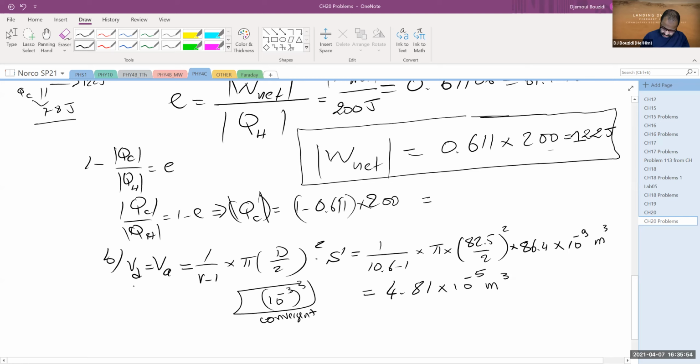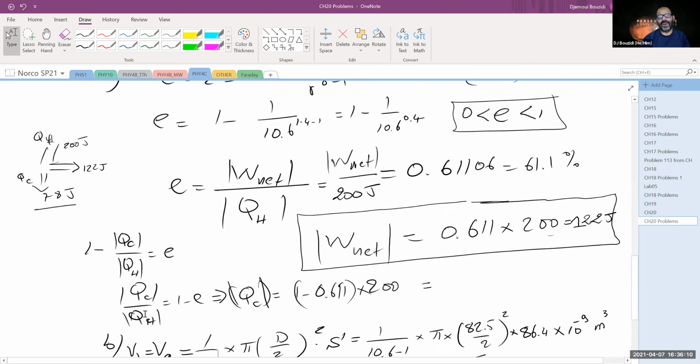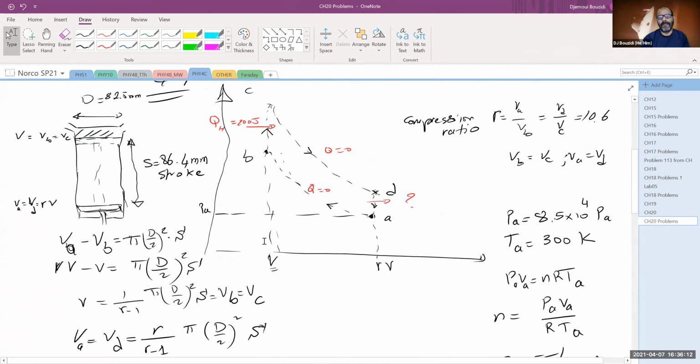So calculate the volume of the air, fuel, and textile at point A. Calculate the pressure, volume, and temperature of the gas at points B, C, and D in the cycle. We're going to need the number of moles. So they want us to find PB and VB. VB, we know it already.